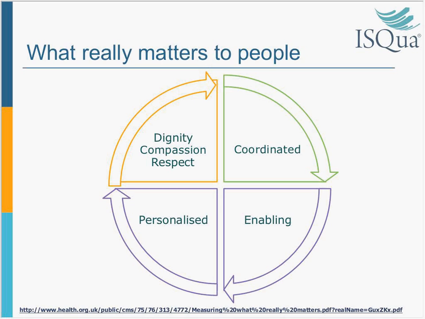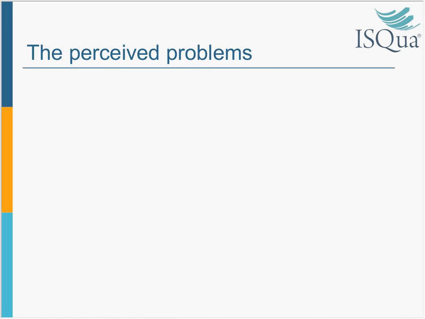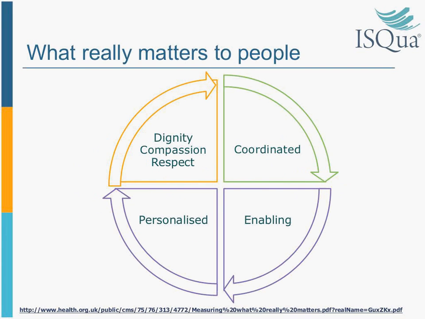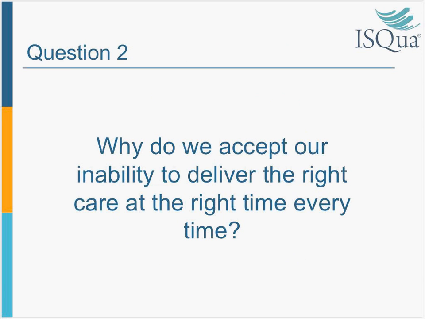What puzzles me is that we accept the inability to deliver the care as the norm, and it reflects what goes on in our hospitals and our healthcare system. We tolerate poor care, even though we know that it's wrong.